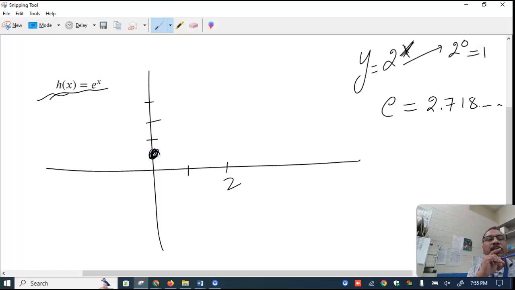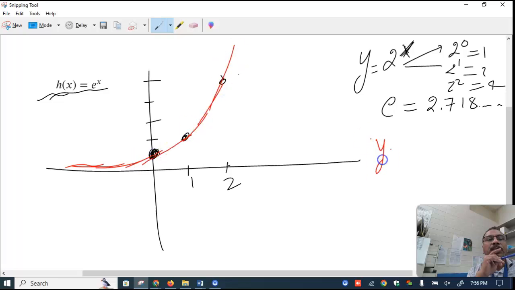When I put 2 raised to 1, it becomes 2. If I put 2 raised to 2, it becomes 4. You can see the graph for y equals 2 raised to x goes something like this.